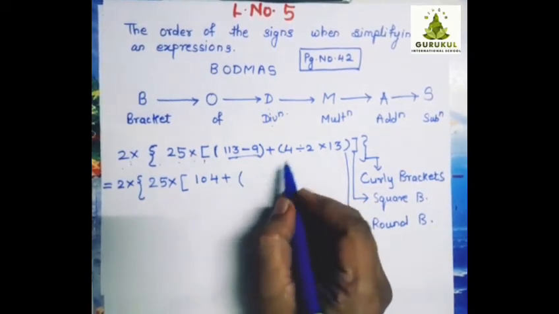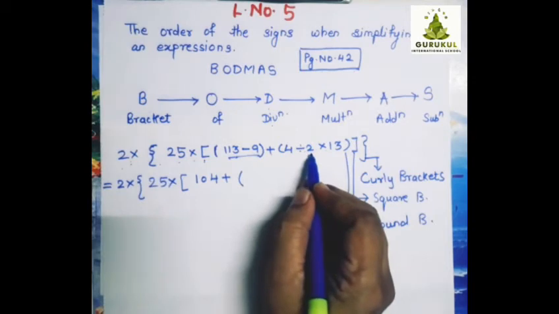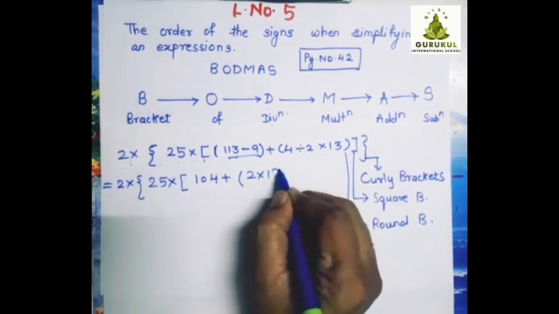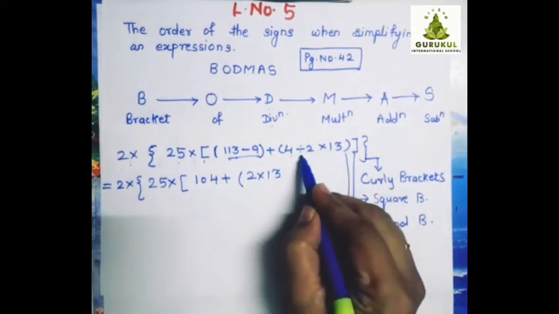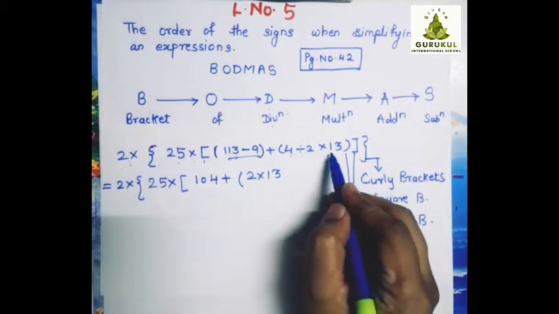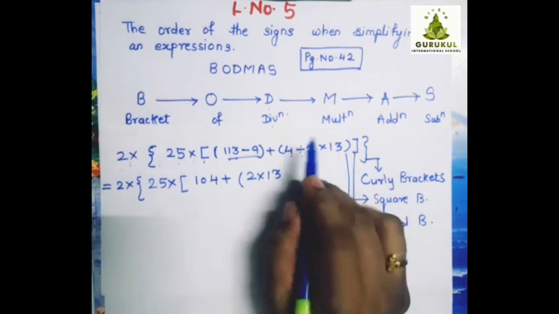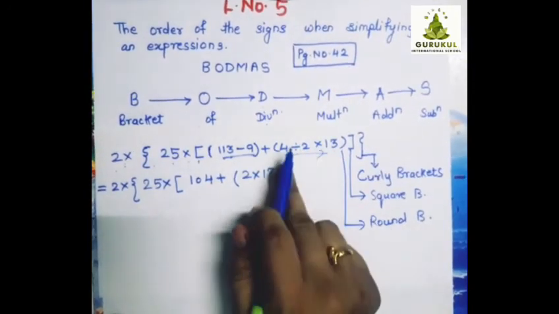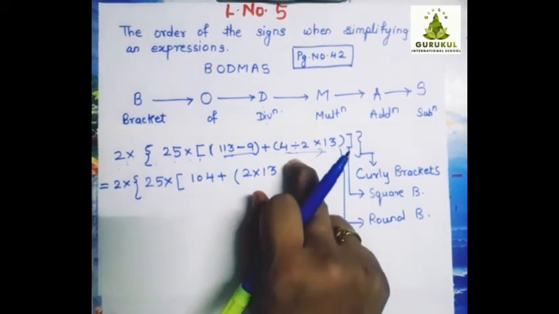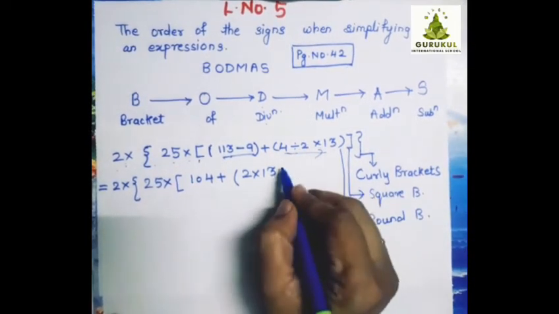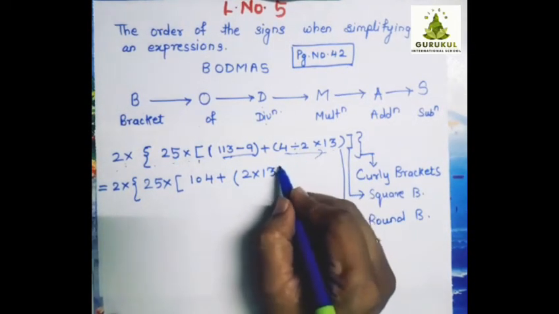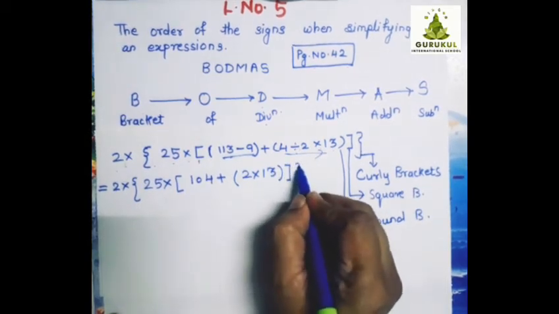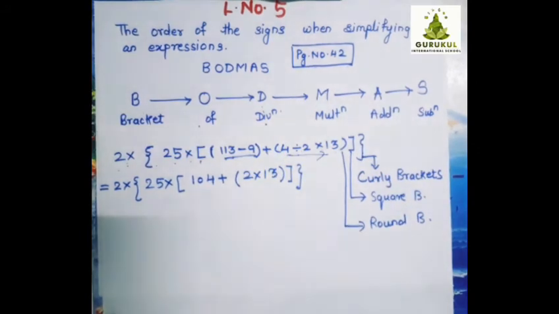So, in the bracket only you have to write 4 divided by 2 will be 2 into 13. Now, in this what have we done? We have done division first, then multiplication, in left to right direction, which comes first? Division. So, solve it first. Then 2 into 13, round bracket complete, square bracket close, and then close it with the curly bracket.